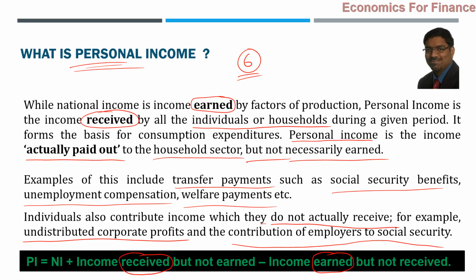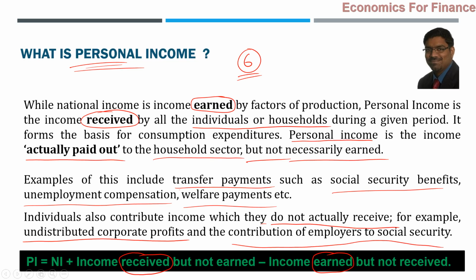Then we adjusted for depreciation, we got NNP, that too at market prices. Then we adjusted for indirect taxes to obtain factor cost, which is NNP at factor cost. That is what we are calling national income. Then add income received but not earned, minus income earned but not received, and you get personal income.